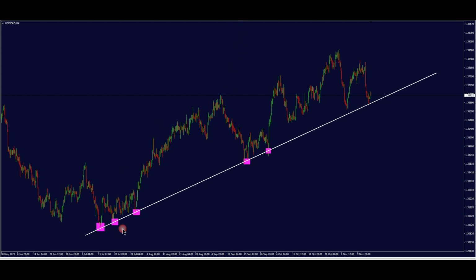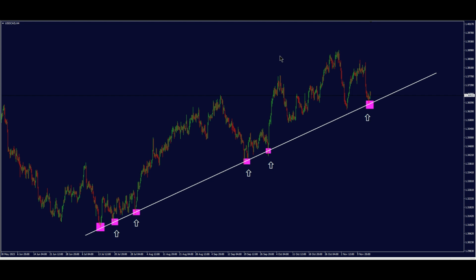We have 1, 2, 3, 4, 5 and 6 touches here for confirmation, and we can say this is a good trend line.